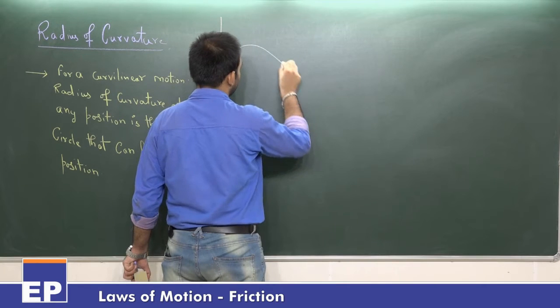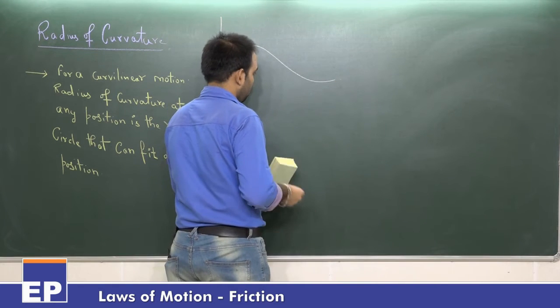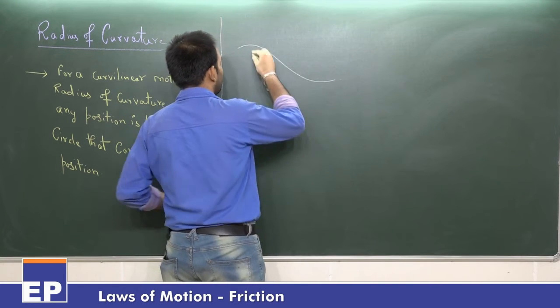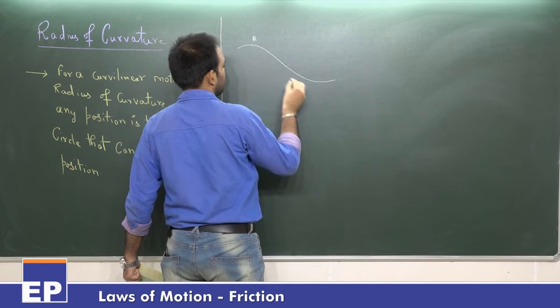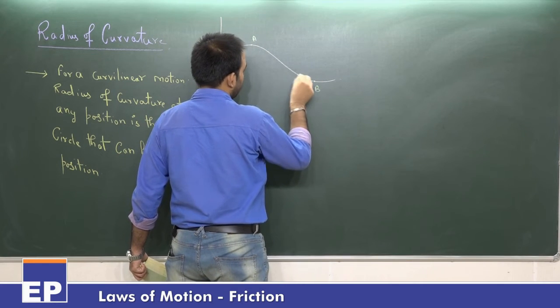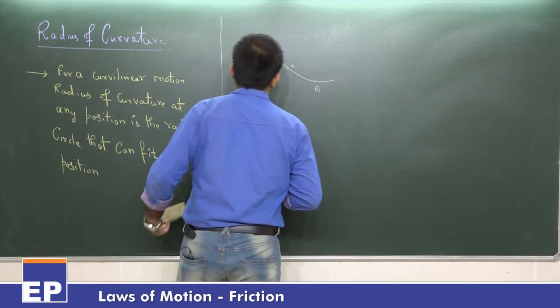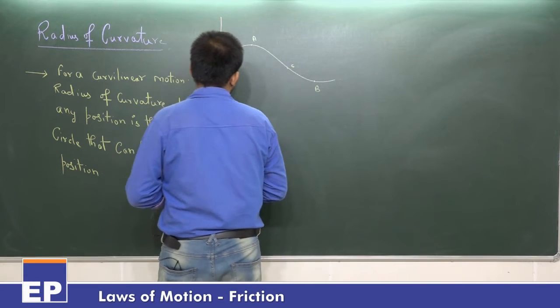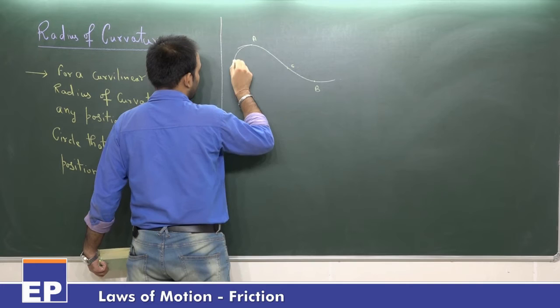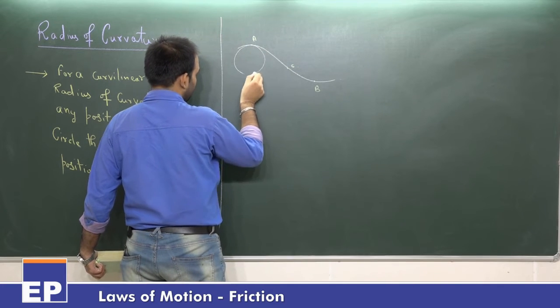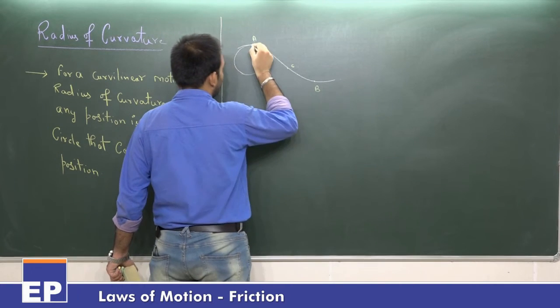Like this, let's suppose the curve. We want to calculate the radius of curvature at point A, at point B, or at point C. So the most fitted circle at this point. Now this is the fitted circle.